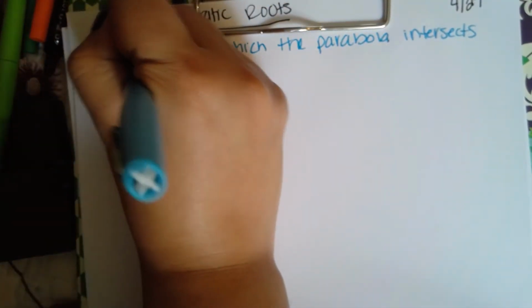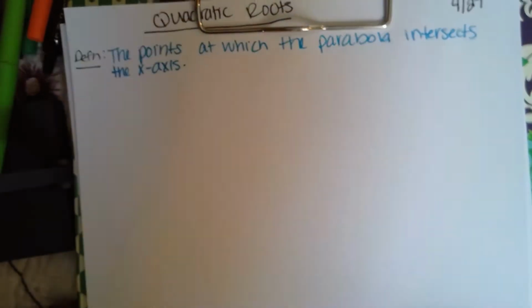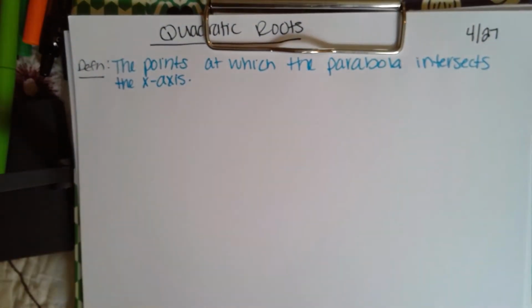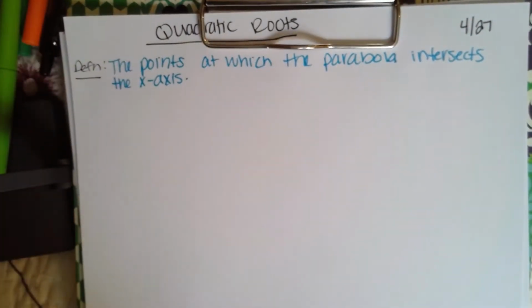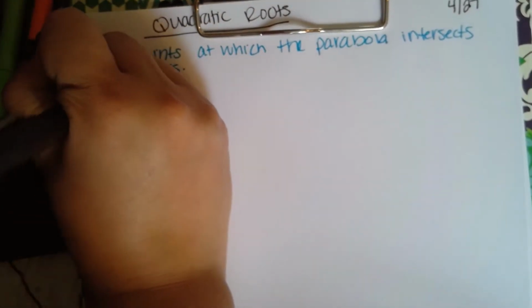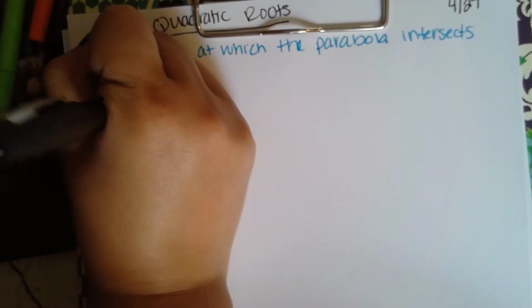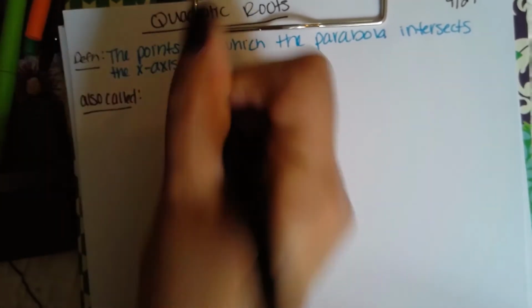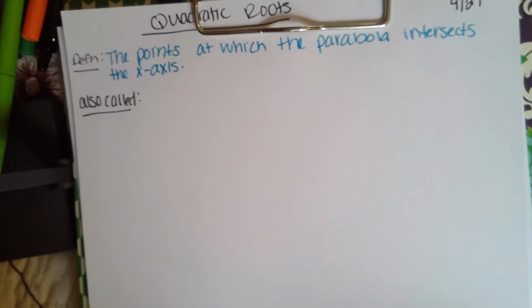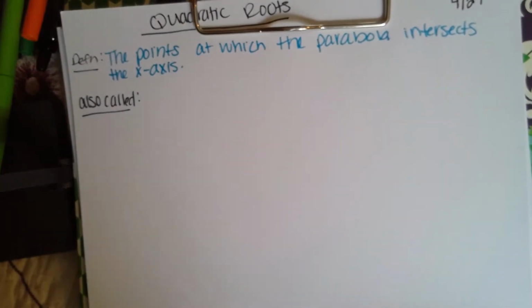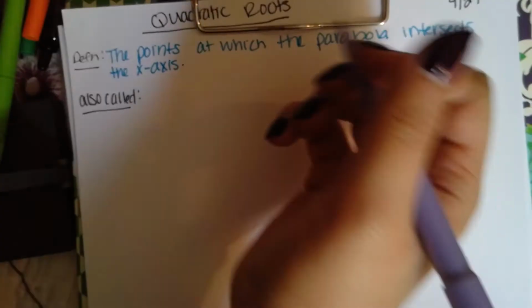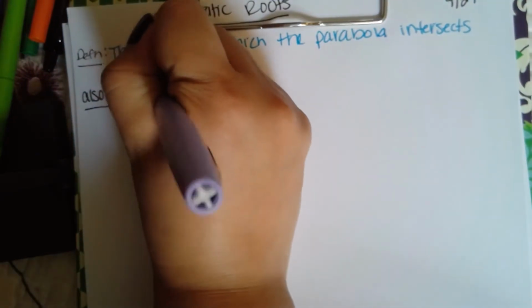Now, the last time we talked about quadratic roots, we didn't actually call them roots. We called them x-intercepts. But we also said that they were called other names. Some of those other names are zeros and solutions.